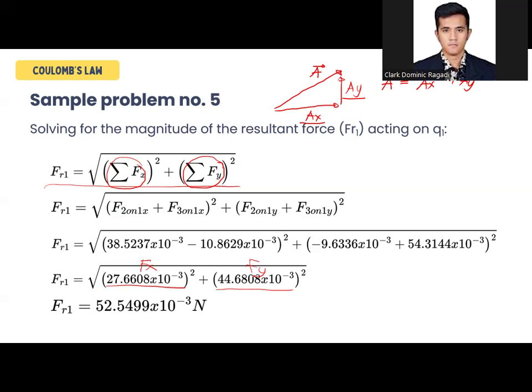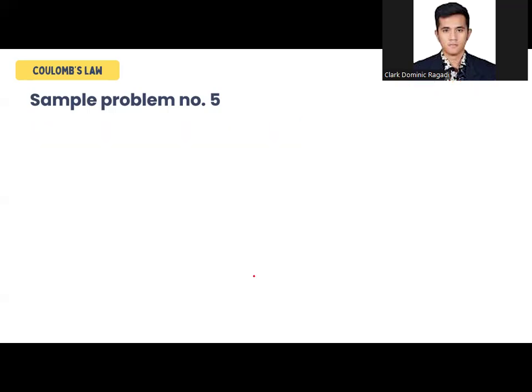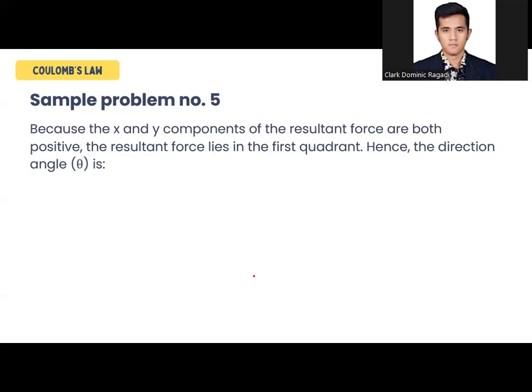If both x and y are positive, our resultant vector can be found in the first quadrant. Since it's in the first quadrant, this is our x, this is our y, so we can solve for the direction angle measured from the positive x-axis as arctan of y over x. That would be our theta.